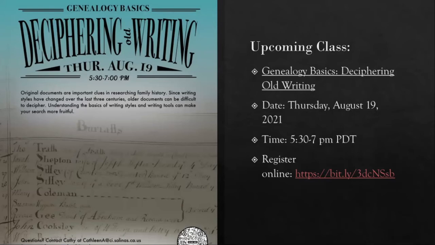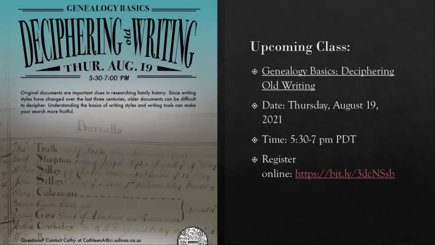All right, we will take a moment more for questions, but I wanted to be sure you knew the next class that's coming up is in August, and it's Deciphering Old Writing. If you are doing genealogy, the fabulous thing is that there are so many original documents available online that you don't have to actually go to an archive to get a look at old documents.